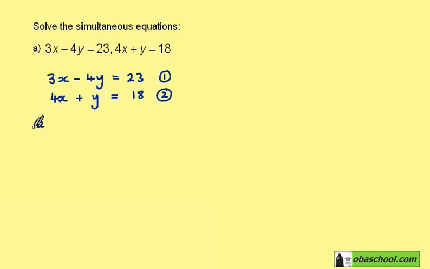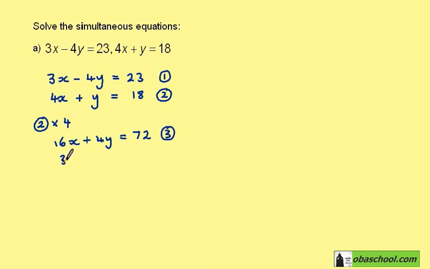But if we multiplied equation 2 by 4, we'd get 16x plus 4y is equal to 4 times 18, which is 72. Call this equation 3.